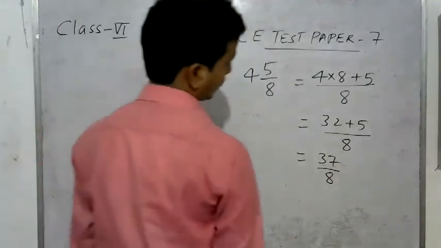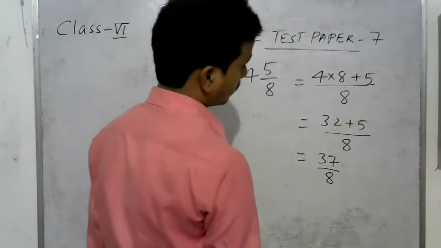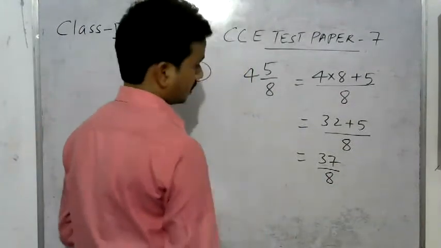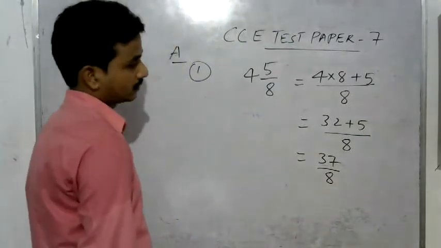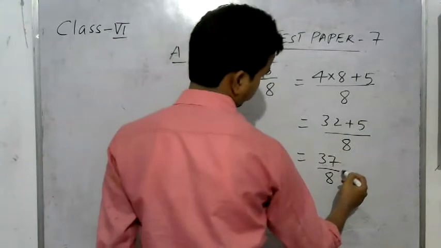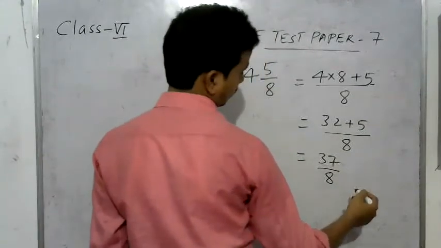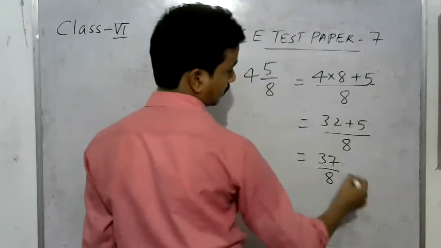Now, we have to convert into decimal fraction. So, decimal fraction means here in the denominator we want 10, either 10, 100 or 1000.